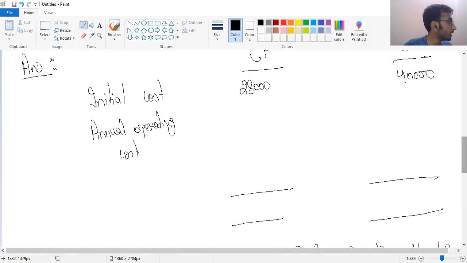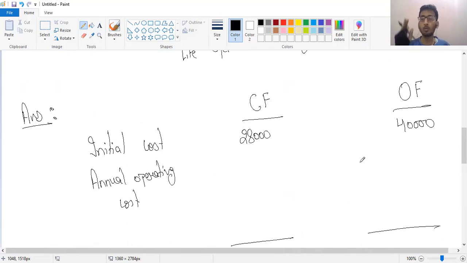There used to be some calculator tricks as well. I'm not able to find the calculator; in the next lecture, I'll tell you. If you have a calculator, just do 1 divided by 1.12.